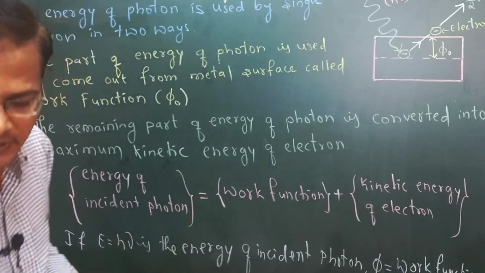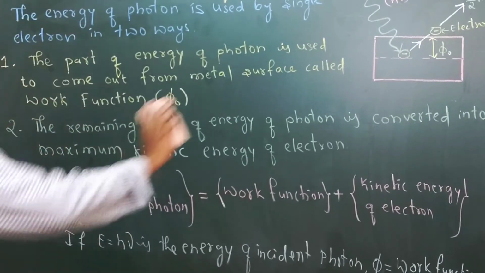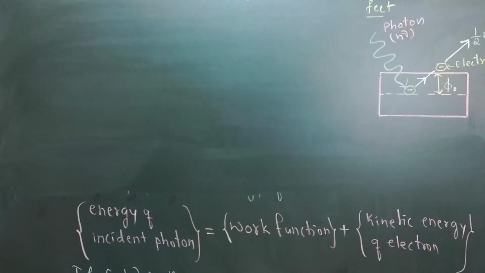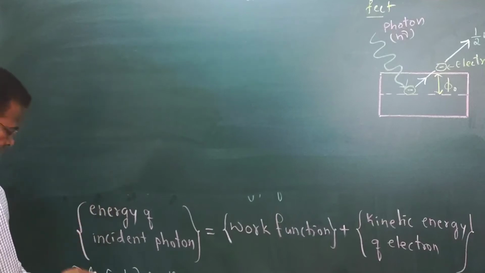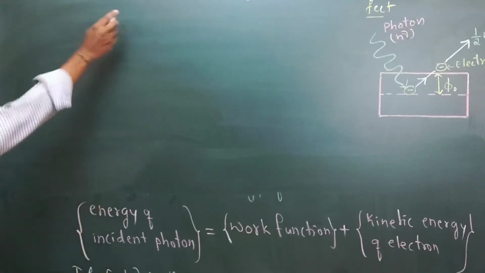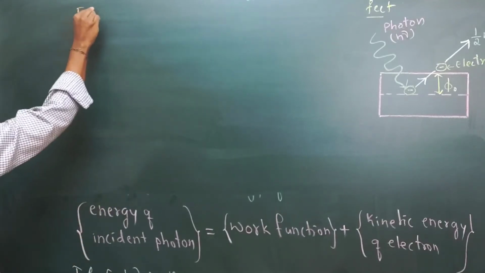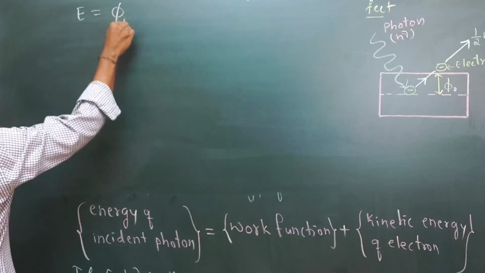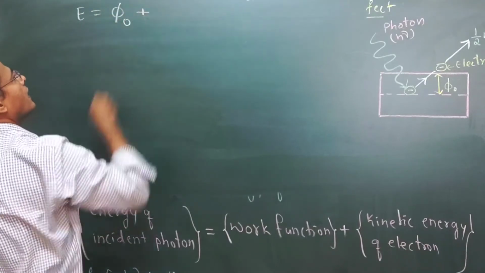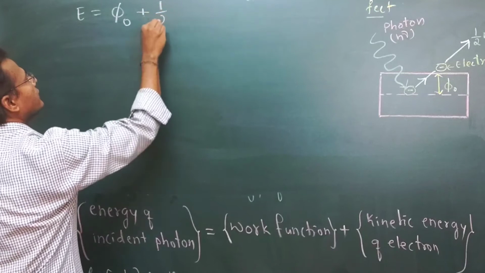So we move towards the next concept. The energy E equal to h nu can be written as E equal to phi naught plus half mv square.